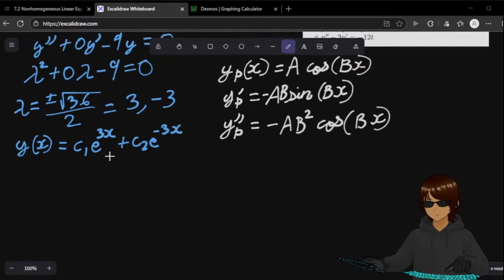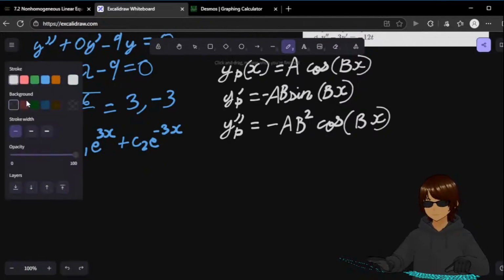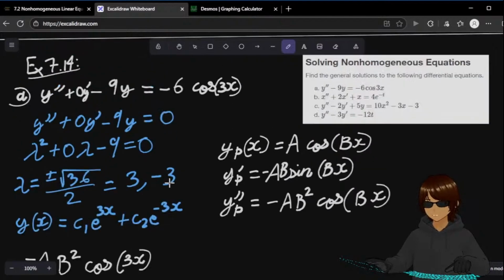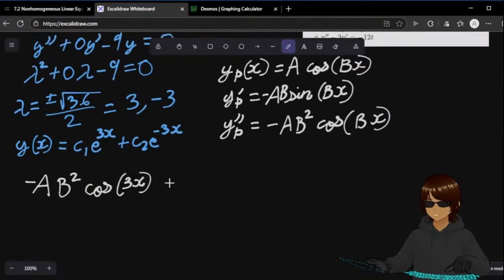Yeah. So we have minus, and then we have 0 and then we have minus 9a cos bx.